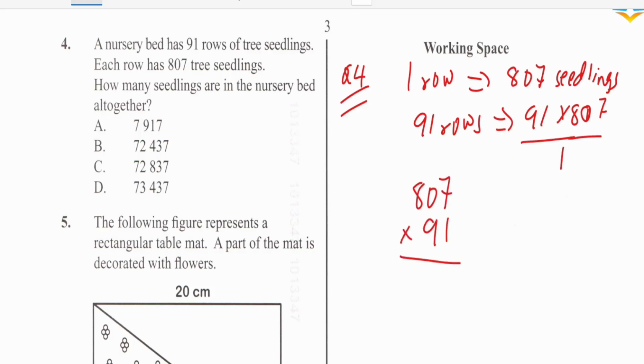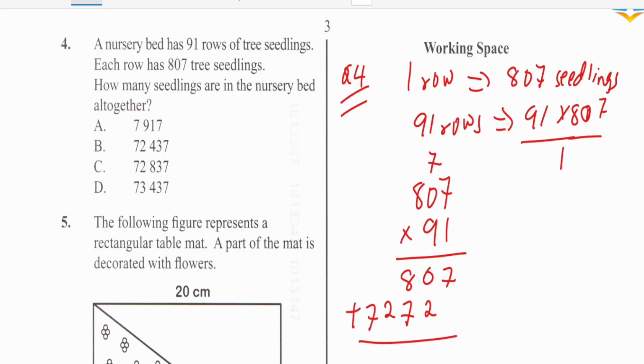So 807 times 91. So 7 times 1 is 7, 0 times 1 gives you 0, 8 times 1 is 8, 9 times 8 gives you 72, carry 7, 0 times 9 is 0, then add 7 gives you 7, 8 times 9 is therefore 72.